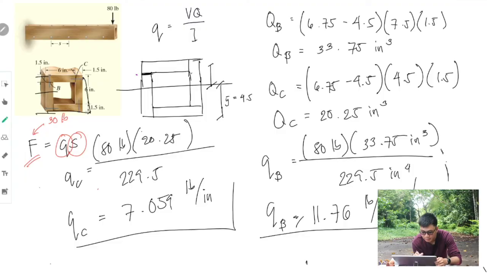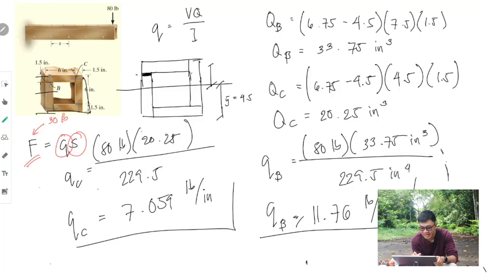So this is our qB. But it is not only one holding. Even if it is not nailed here, we still have to include this one. So therefore, we have to divide this one by 2. We have to divide this one by 2.